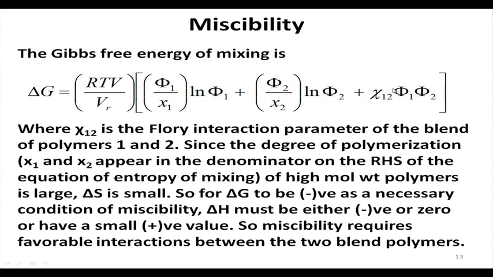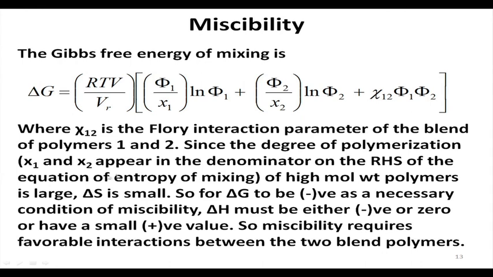So, this interaction parameter, which is again related to the solubility parameter of the two component polymers, is very important, and with the help of these parameters one can calculate the Gibbs free energy of mixing.